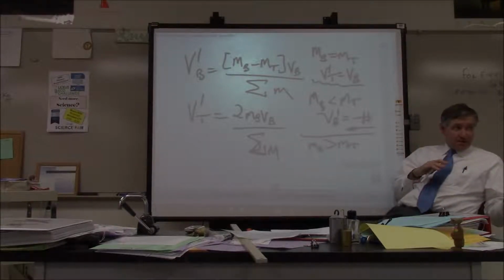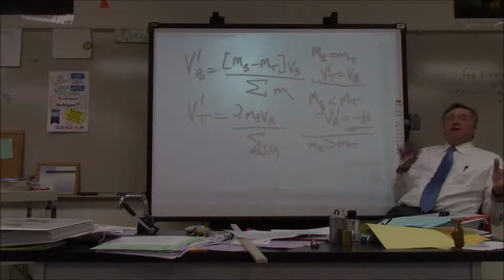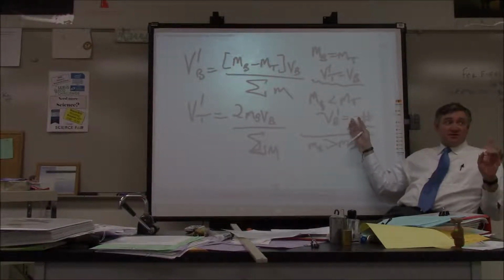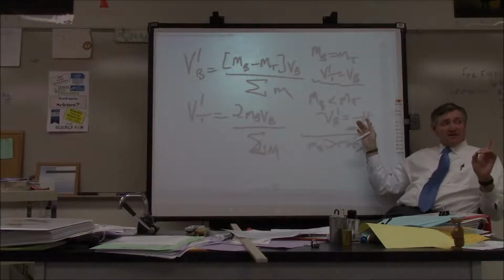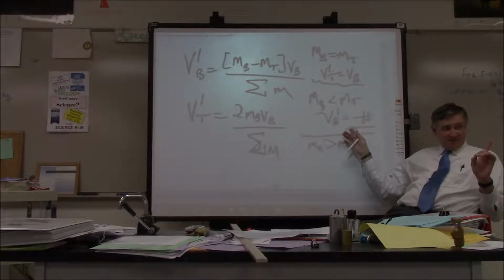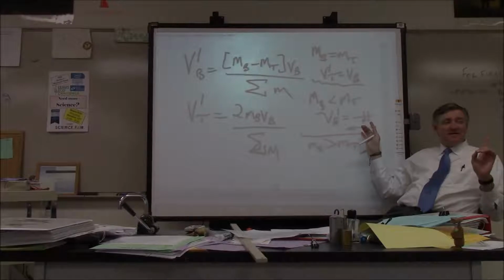I'm a little confused by, most of the time, if you shoot something, the mass is going to be bigger than the bullet, right? Yes. But if the mass of the bullet's smaller, then it bounces off, is what you're saying. If you have a perfectly, and this is a huge caveat, if it's a perfectly elastic collision, okay? So I was going to say, if I shoot a person, it's not going to bounce off.